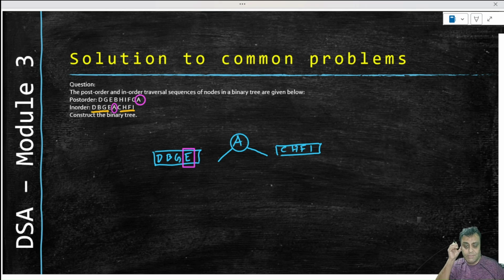So once we have identified DBGE as the left subtree, all we need to do is try to understand, if this was the left subtree, what is the last element in the post order sequence from DBGE.